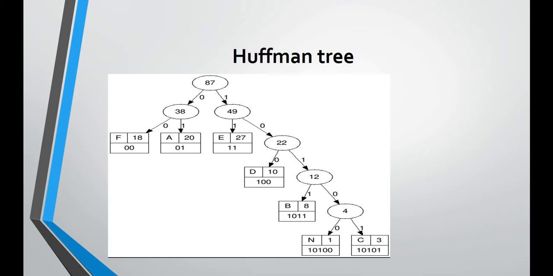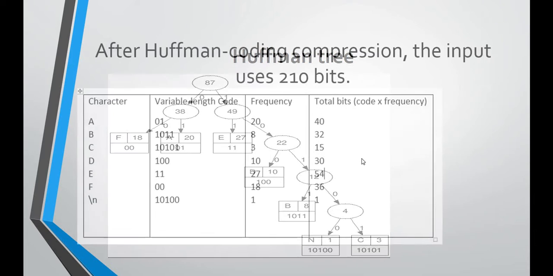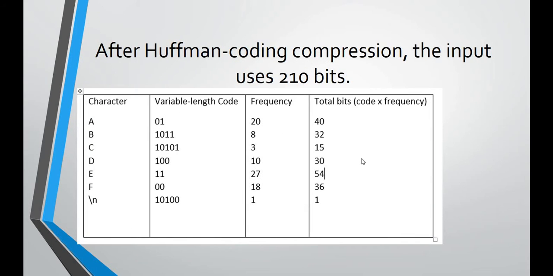Okay, you can see zeros and ones, and the characters and the frequency with their new variable length codes. Here, after Huffman coding compression, the input now uses 210 bits.